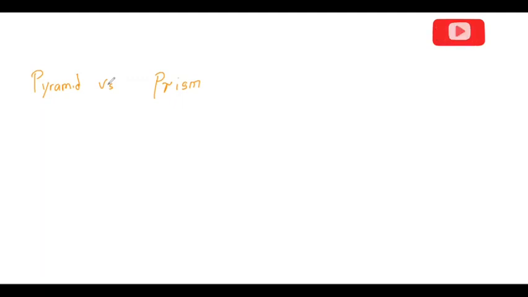So the key difference is that a pyramid has an apex and it has one base, while a prism has two bases. These bases have the same shape and the same size.